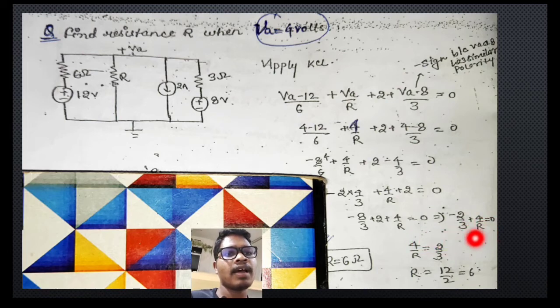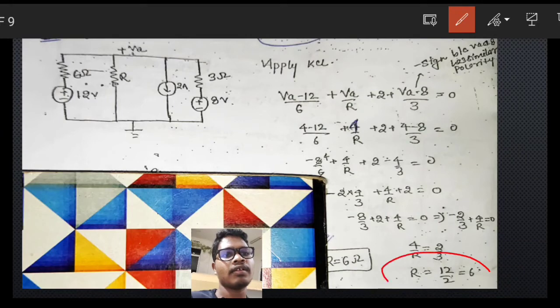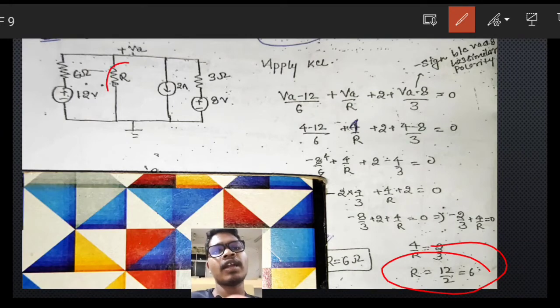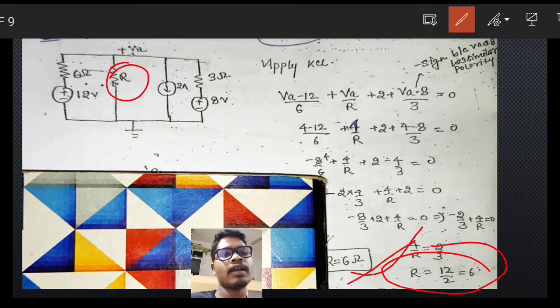So 4 divided by R, taking this minus 2 divided by 3 as our right hand side, after calculating this we will get R is equal to 6. So it is asking to find the value of R, and we got the value of R. So this is your answer. By applying only node analysis, it is very simple to calculate the unknown value.